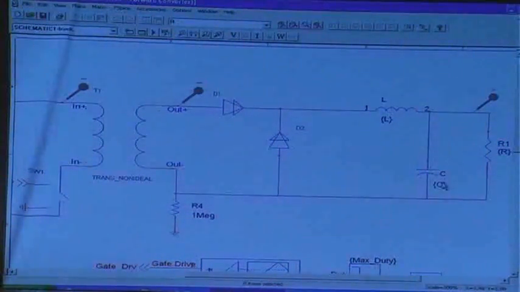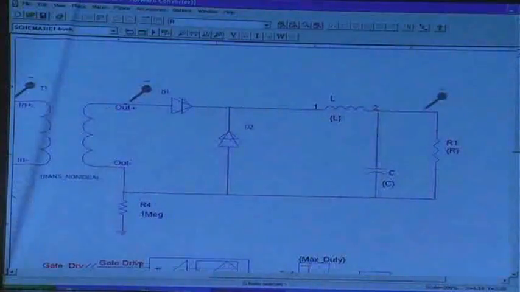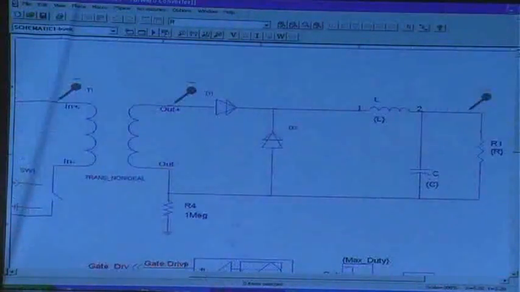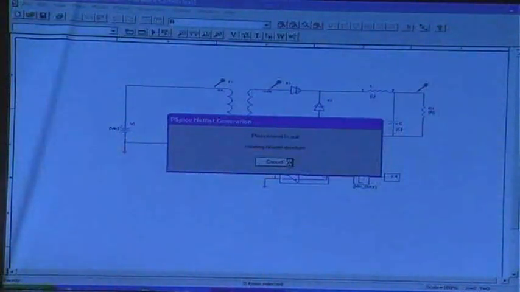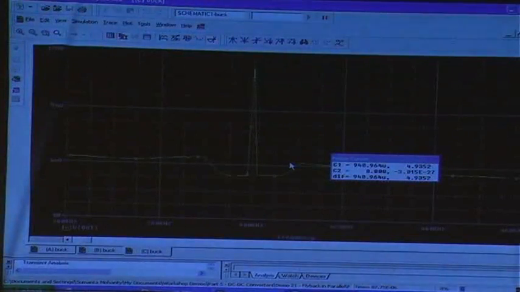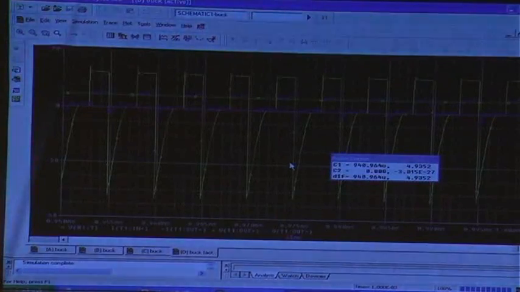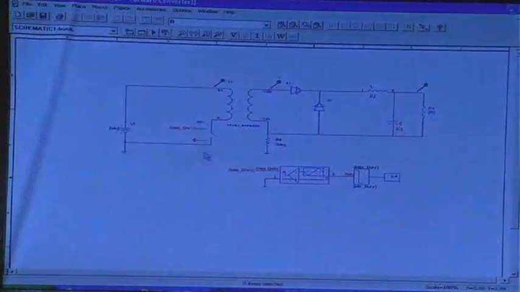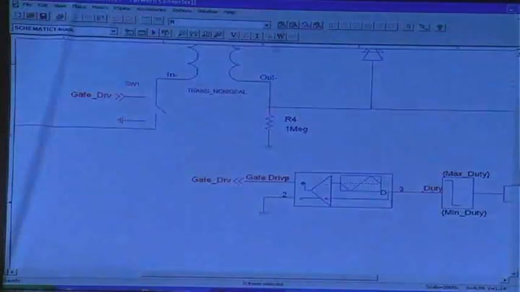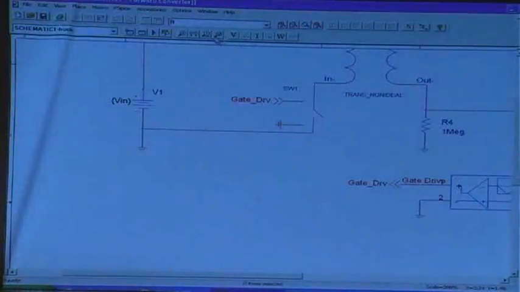So we have an inductor and a capacitor here. You didn't have an inductor in the Flyback. In a new window, we look at the primary current, the switch current.